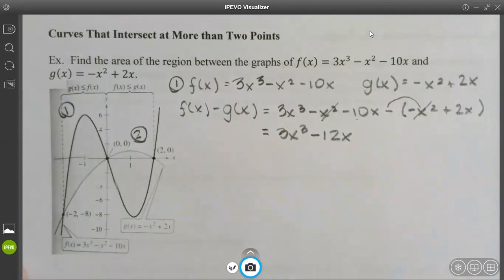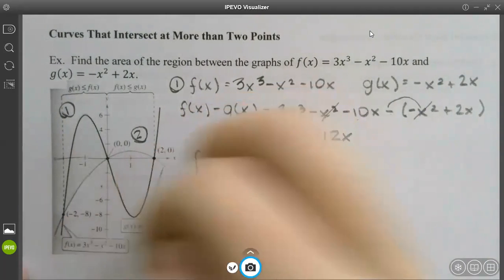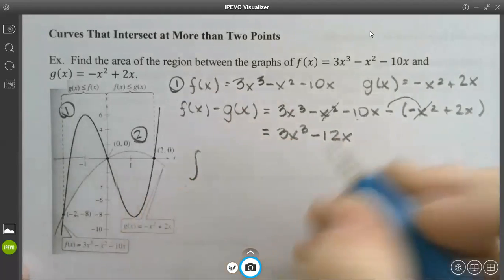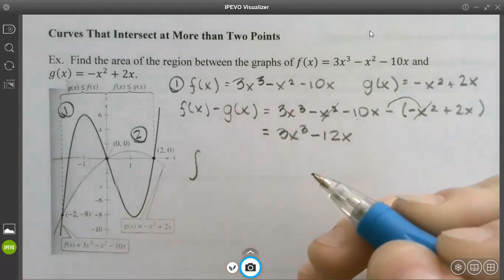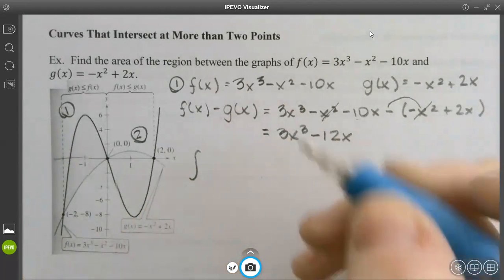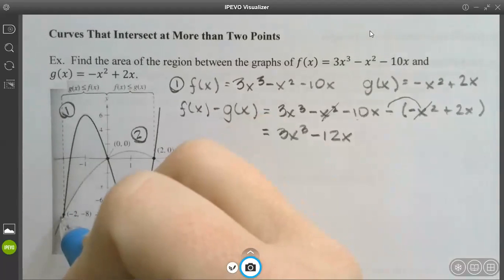All right. What do we do now? From where to where? You could have said 0 to negative 2. Just remember to put the lowest one on the bottom, negative 2 to 0.